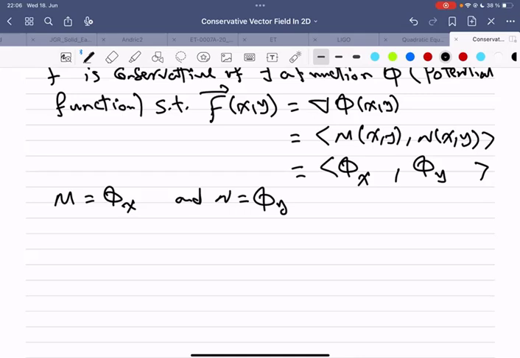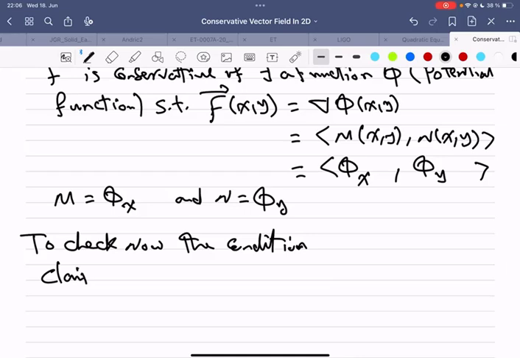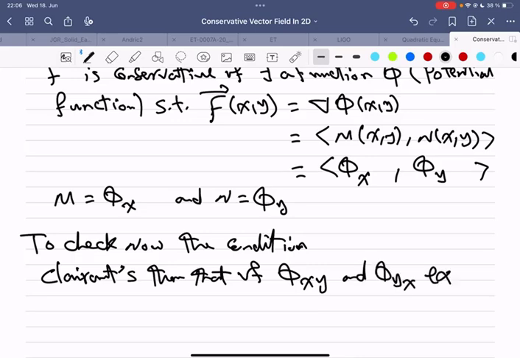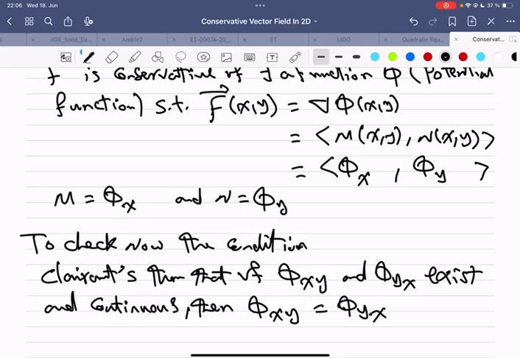So to check now the condition, you know from Clairaut's theorem that if phi xy and phi yx exist and are continuous, so phi xy will equal phi yx.